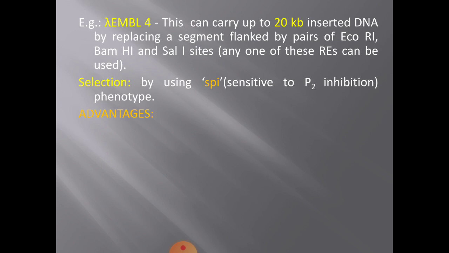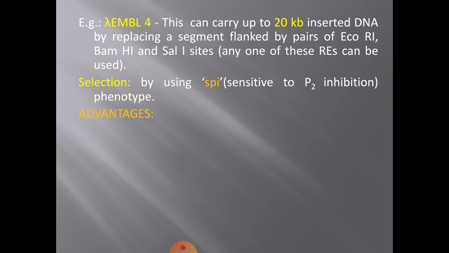To begin with, if the E. coli cell is SPI plus, when you insert this vector with the DNA insert, the E. coli will become SPI minus.